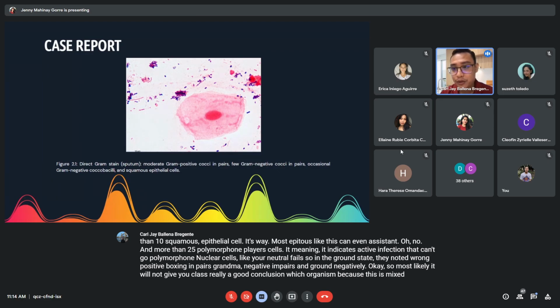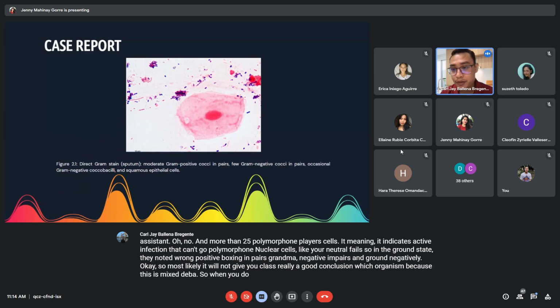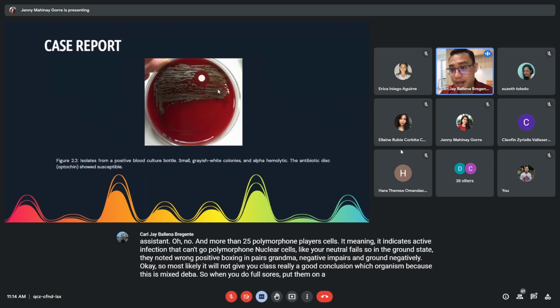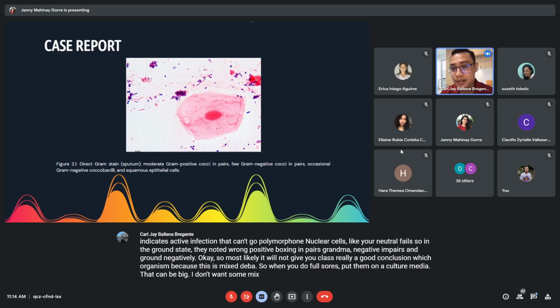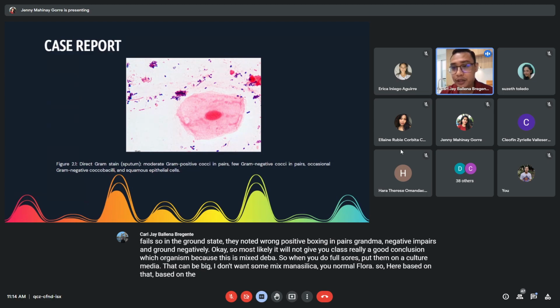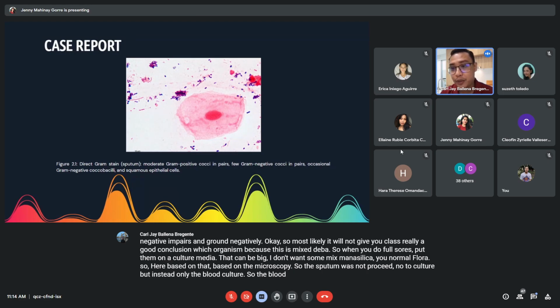When you culture sputum, many organisms will grow, together with your normal flora. Based on the microscopy, the sputum was not cultured, only the blood culture. After 24 hours, the blood culture reveals small grayish-white alpha hemolytic colonies.